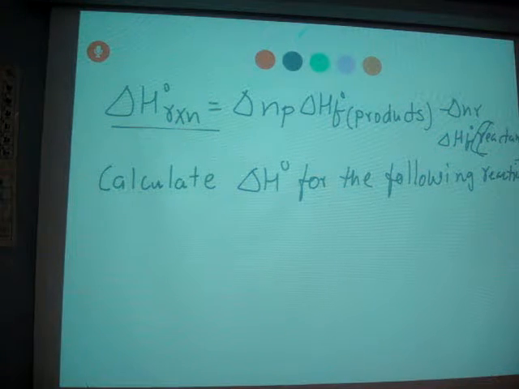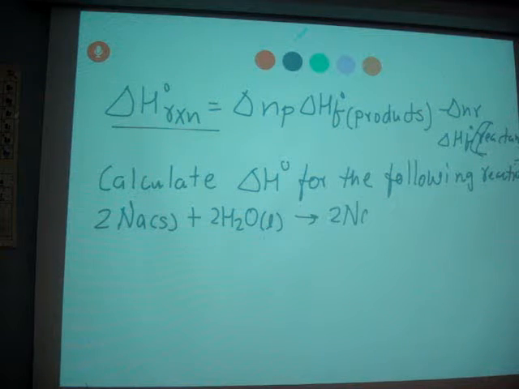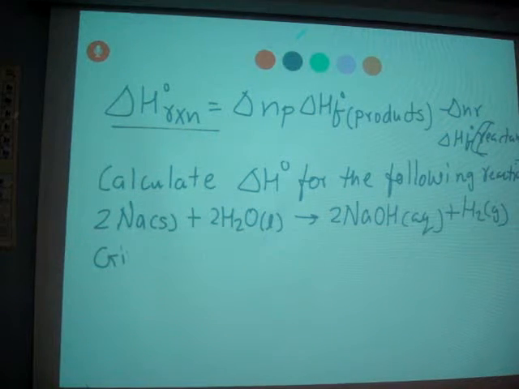What is the reaction? 2 moles of Na solid plus 2 moles of H2O liquid gives 2 moles of NaOH aqueous and H2 gas. Now for that we will be given the following information.